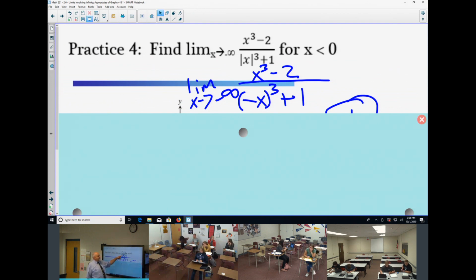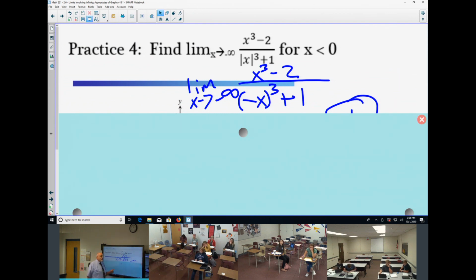So since the powers are the same, what's the limit going to be for this problem? If the powers tie, it's the same as what the horizontal asymptote would be. Is it -2? Nope.